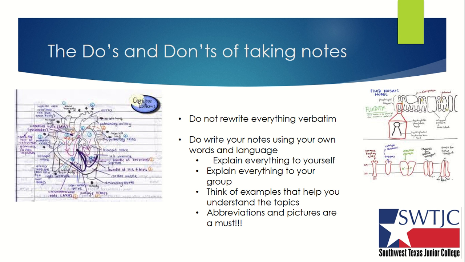Look at the picture on the right. What they're looking at is the phospholipid bilayer, right? The plasma membrane, that little membrane that is the barrier or the border of a cell. And so they're studying what that border is made up of, and you can see that they're talking about the phospholipids there, and then at the bottom they're looking at the different types of proteins that you find in a cell membrane, right?